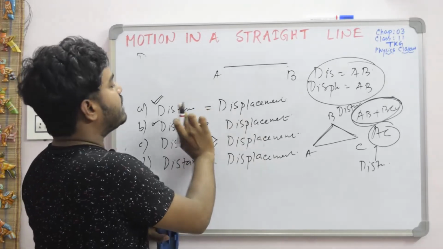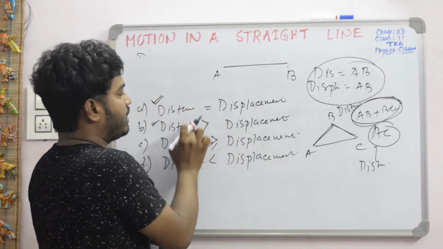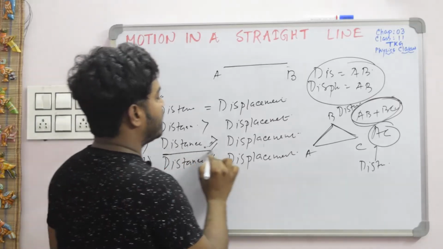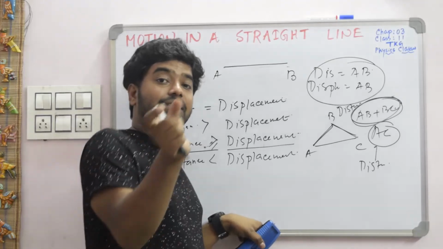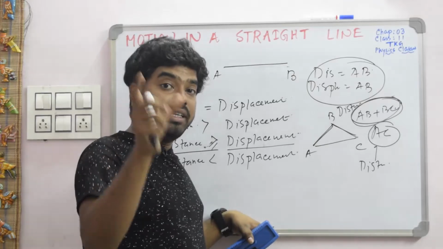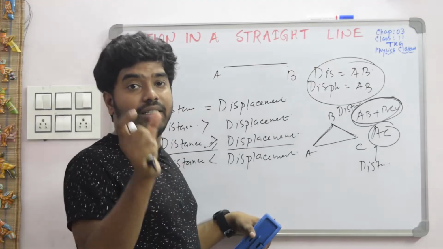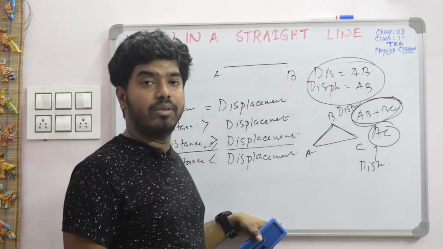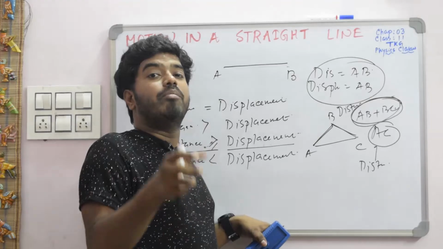So first case, distance equal to displacement. Second case, distance greater than displacement. Both cases are right. So the final answer will be distance greater than or equal to displacement. For some examples, distance equals displacement, for some, distance is greater than displacement, but distance is never less than displacement. So we can say distance is always positive or 0. There is no negative. But displacement may be positive, may be 0, may be negative.